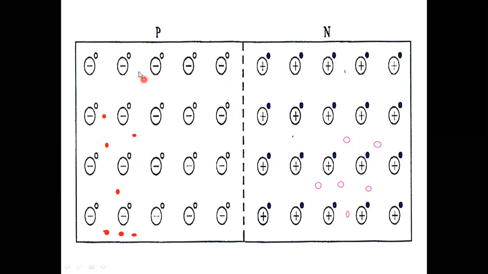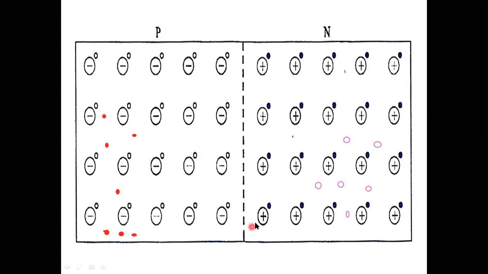So what will happen? The holes will move from the high concentration area to the low concentration area by a process called diffusion. This hole will come to the n side, and these electrons will move towards the p side.